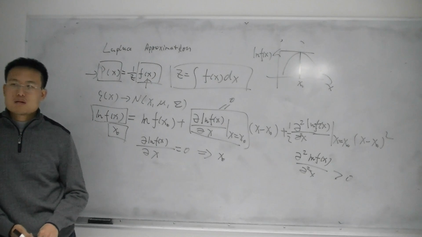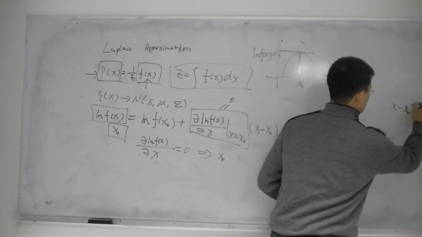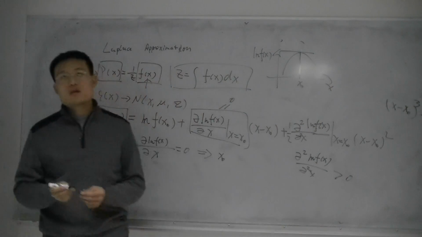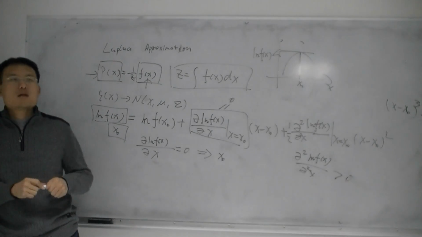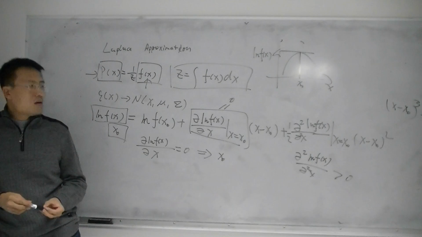If you're really far away, you want to make sure that x minus x0 is small, right? It goes to 0. For example, if your x is far away from your x0, you can't really do the Taylor series expansion for that one, right?